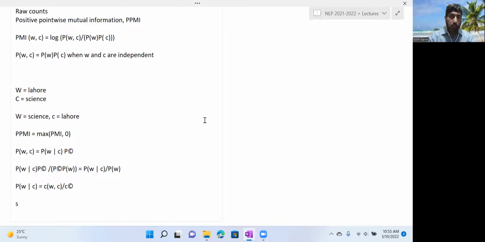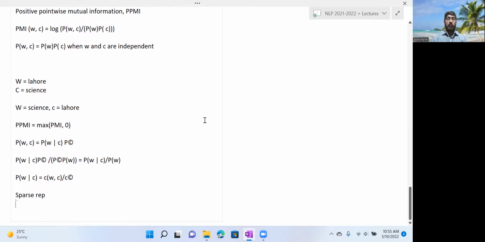So here again, we get a sparse representation. So there will be many zeros. Why? Because of course the context is narrow and not all words are used in the context of every word. So again, we have a sparse representation, but it is still a representation that captures meaning.